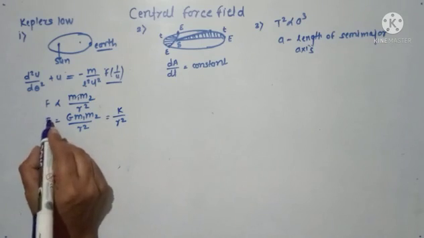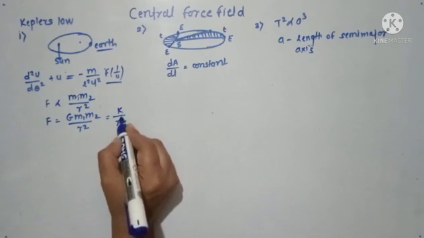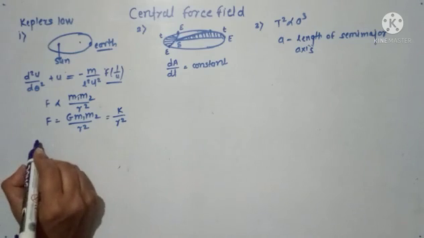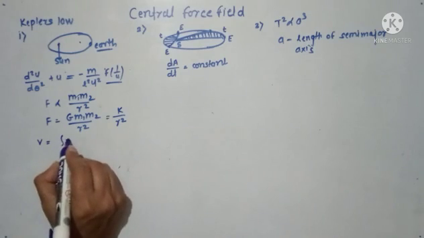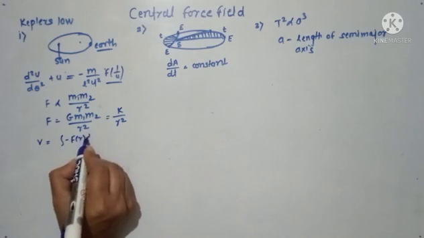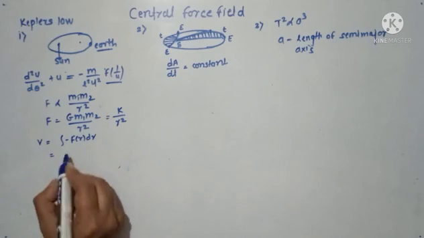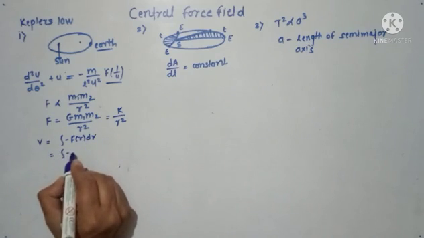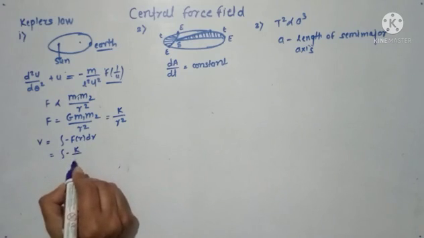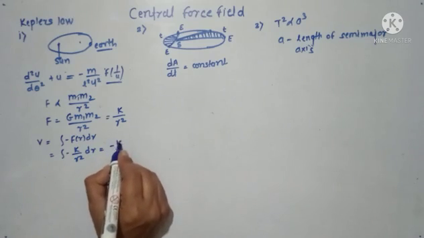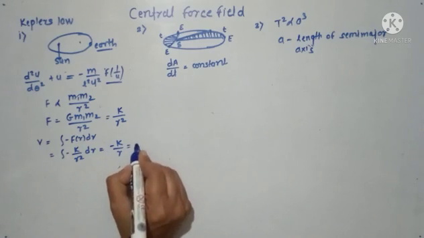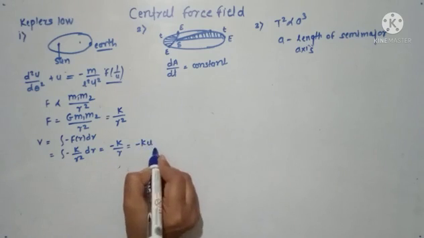So this force is of the type 1 upon r square. Now we know that V is the integration of minus f of r dr, which is the integration of minus k upon r square dr, which is equal to minus k upon r, and it can be written as minus k into u.